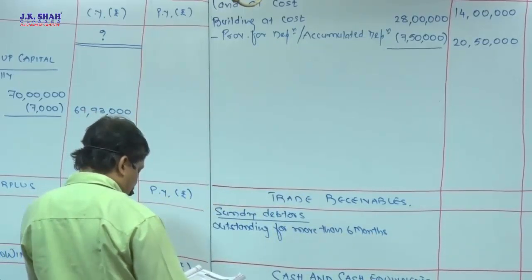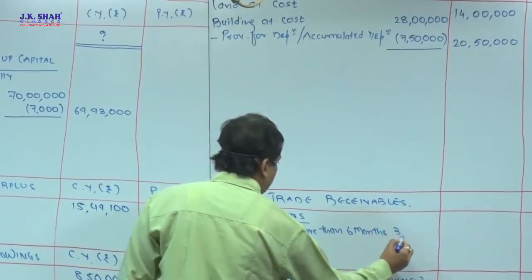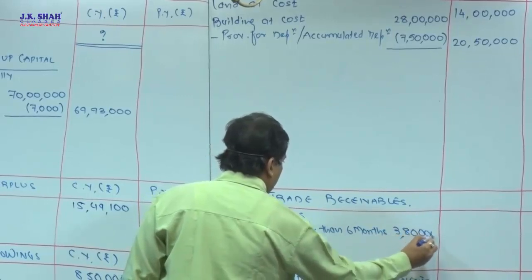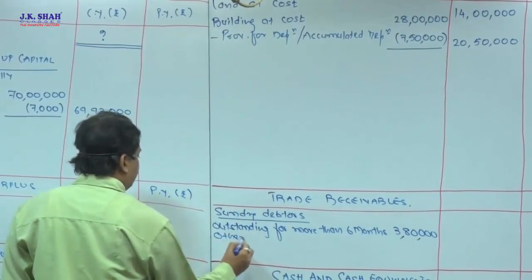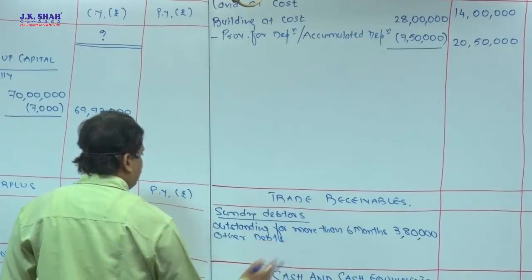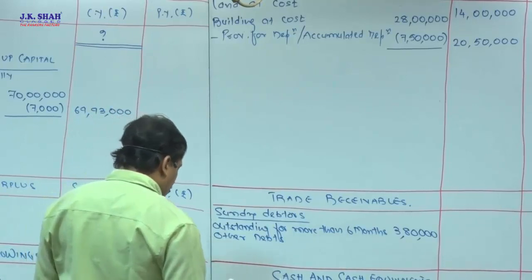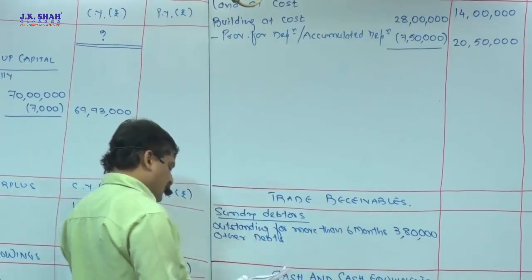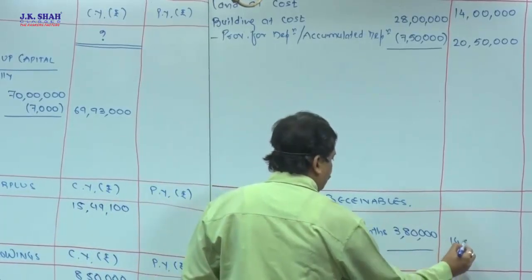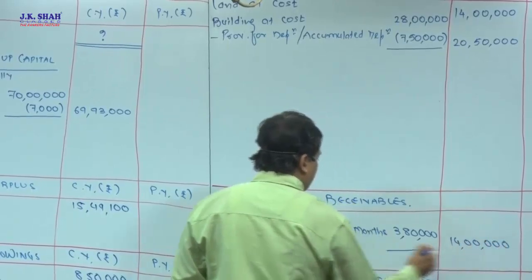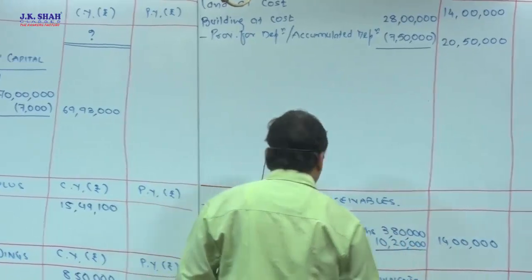Look at the adjustment. How much is outstanding for more than 6 months? 380, in our column. Next line: other debts. What are total debtors given to you, friends? 14 lakhs. This is 380. So find the difference. 1020, friends. So other debts will be 1020.